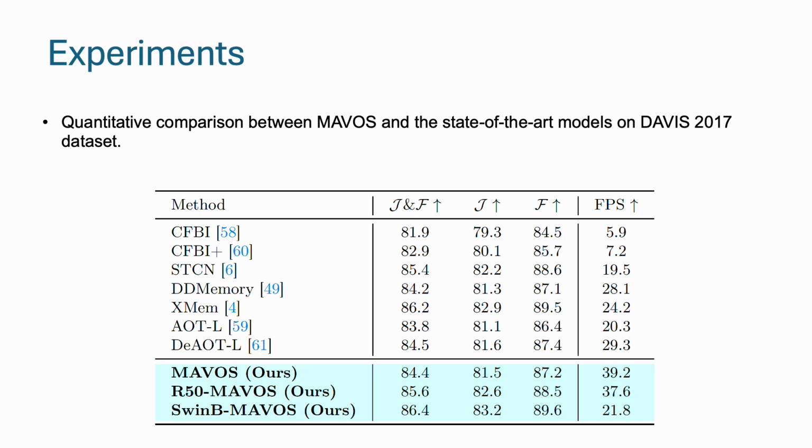Our method achieves faster inference by nearly 10 FPS compared to the baseline DAOT with only a negligible 0.1 drop in accuracy. Similarly, our ResNet50 and SwinB variants achieve 85.6% and 86.4% respectively. This shows the generalization capability of our method for both short and long-term video datasets at a significantly higher FPS and less GPU memory consumption, especially for long videos.